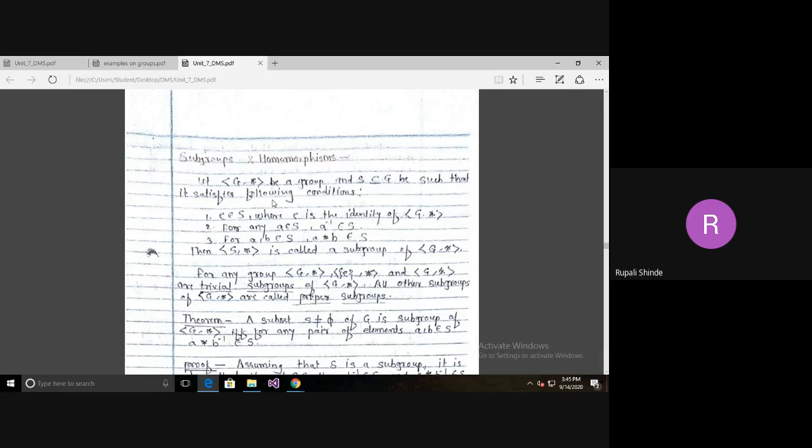And S should satisfy the following conditions. First, the condition for the identity element: if E belongs to G, then E should belong to S. If this is correct, then that is a subgroup. Second, for any element A belonging to S, A inverse belongs to S, because we have seen the inverse property for a group: there should be an inverse for each and every element of the group.